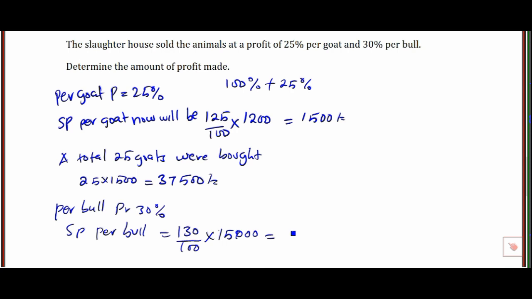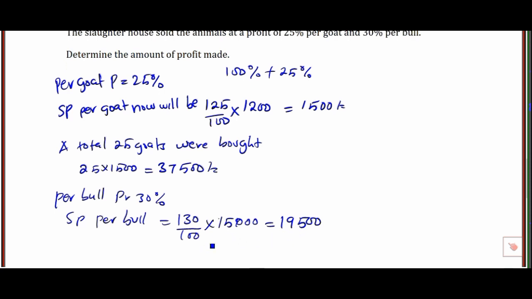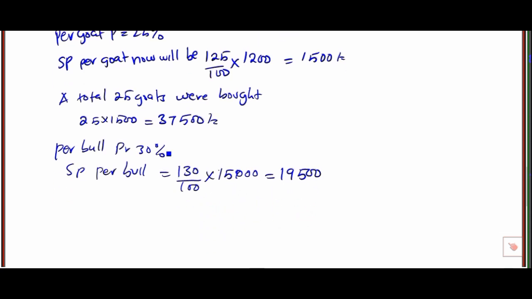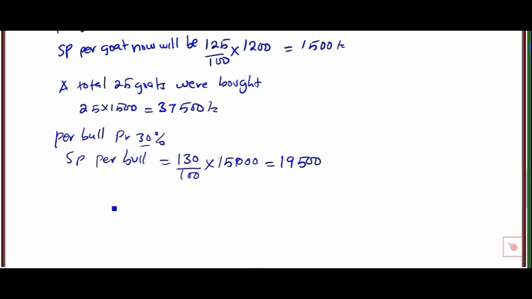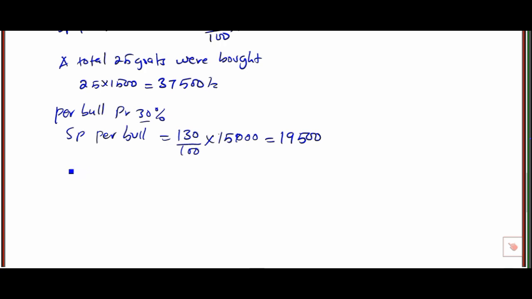And from my calculator, this becomes 19,500. So per bull, this is the selling price, attracting a profit of 30%.